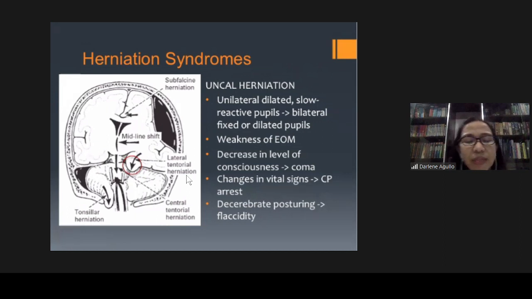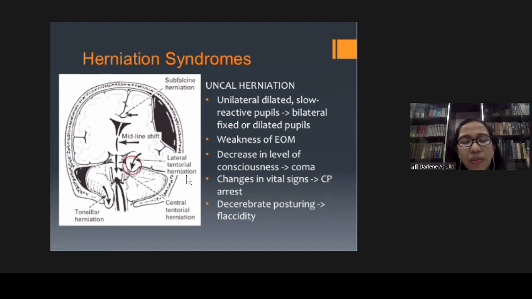There is decreasing level of consciousness which will eventually progress to coma kasi may ipit na yung ARAS mo, ascending reticular activating system. Pag hindi ka mag-manage promptly, you will see changes in vital signs and eventually cardiopulmonary arrest kasi andito na yung respiratory centers. Andito yung respiratory centers mo.